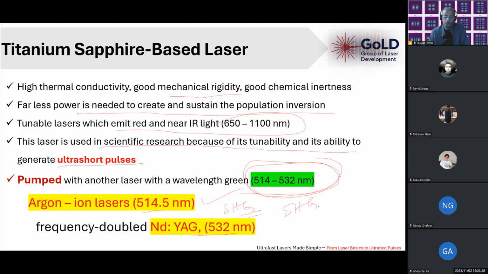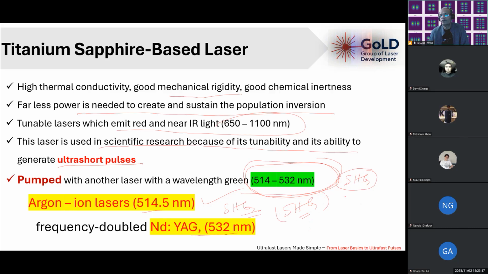Second harmonic generation, some of you may not know, uses a nonlinear kind of crystal. There are different kinds of second harmonic crystals, and I'm not going into detail on that. They are used if we want to double the frequency or halve the wavelength.